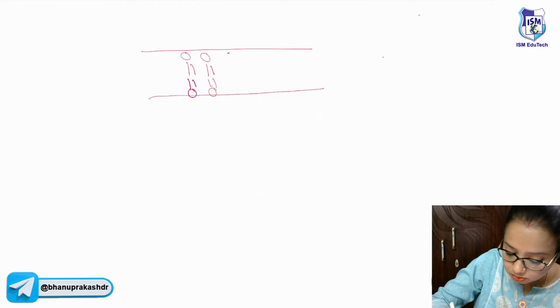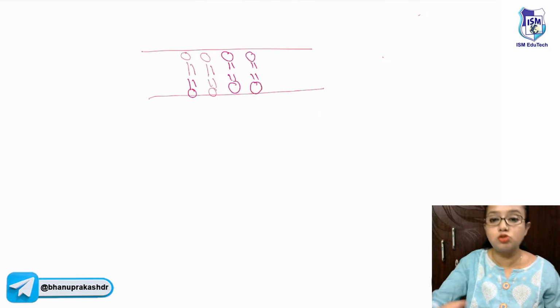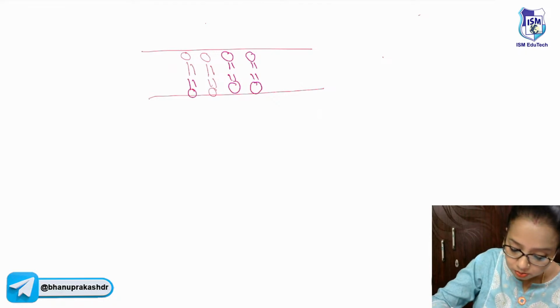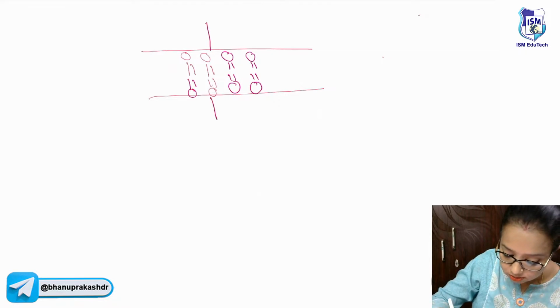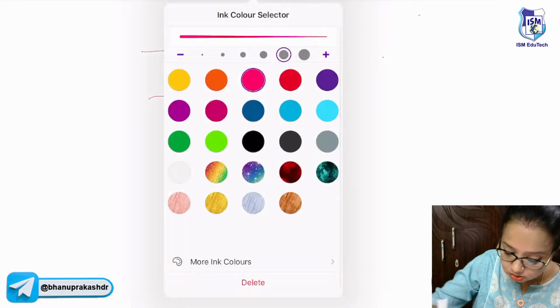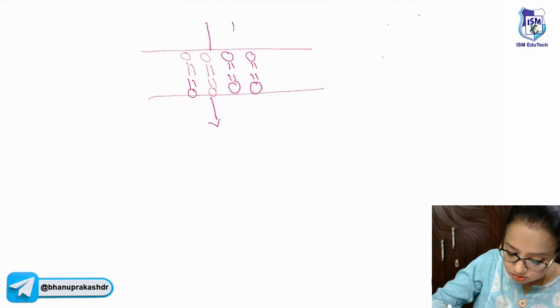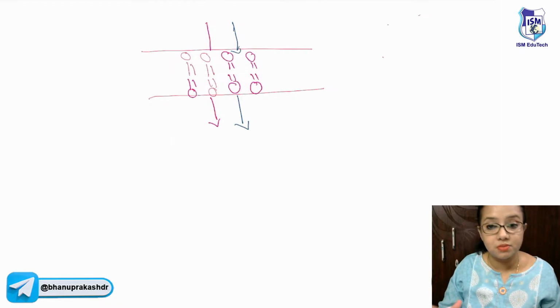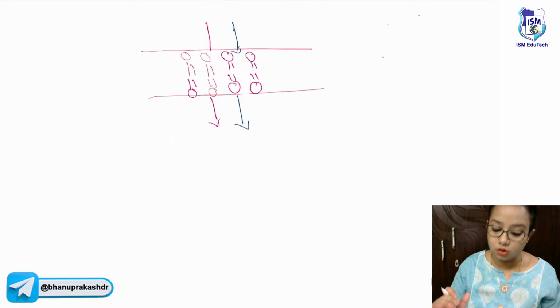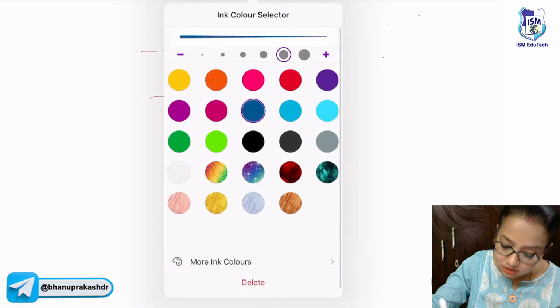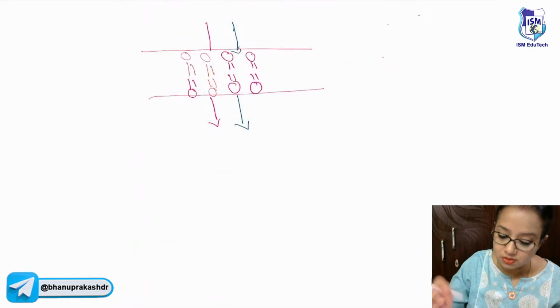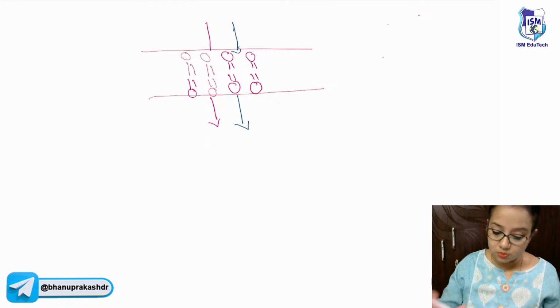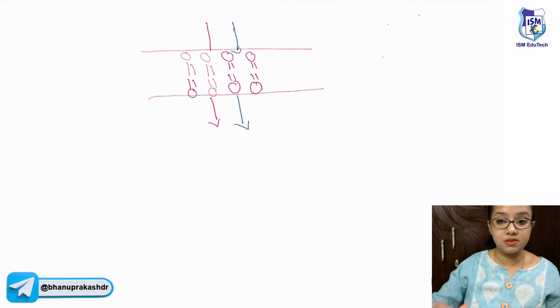So, whatever comes to the cell has to pass through this bilayer. Now, there are primarily two types of processes by which the transportation across this membrane happens. The transportation altogether we will study bit by bit in the next section.